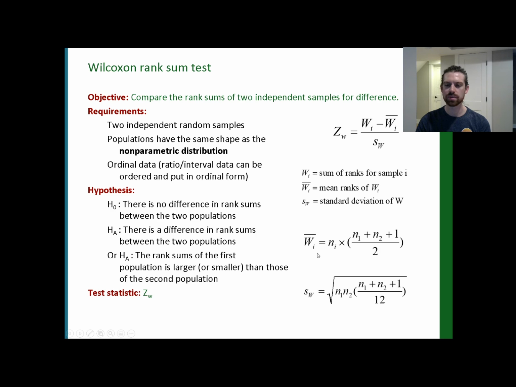Okay, this is how we get this Wi, and we'll calculate this later. We then do the same to get this SW, but we're taking the square root of this equation here. So it's fairly standardized around the actual sample sizes that you obtain, okay?